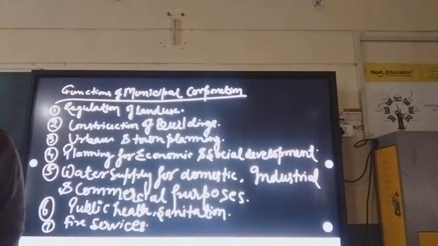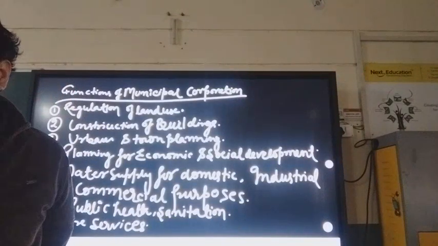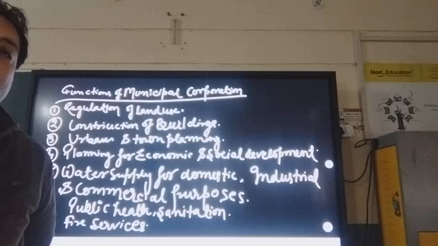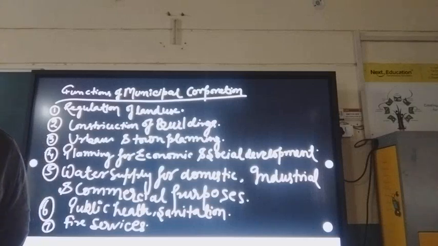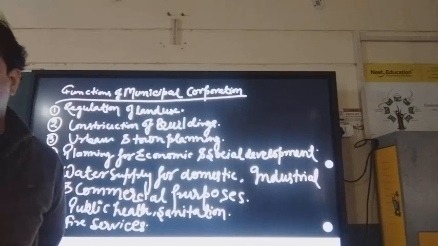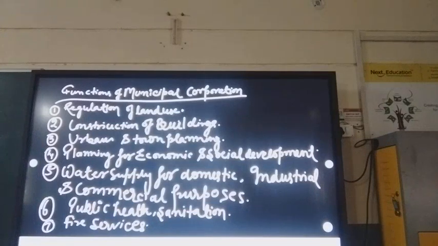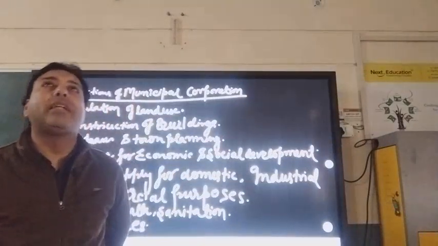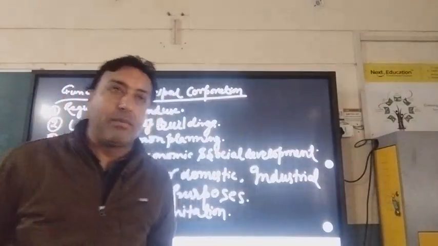This includes provision of electricity, water, sewage disposal. These functions are carried out through various departments which have the services of experts and engineers who are appointed as full-time employees of the corporation. Full-time employees means regular, salaried employees.